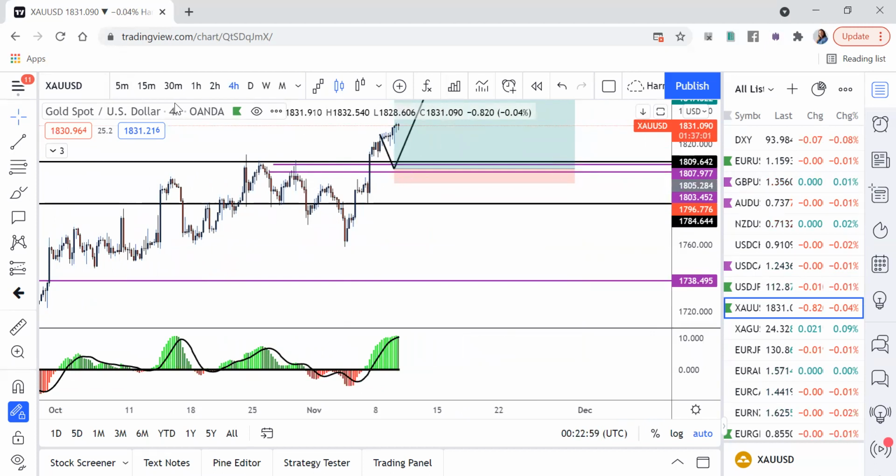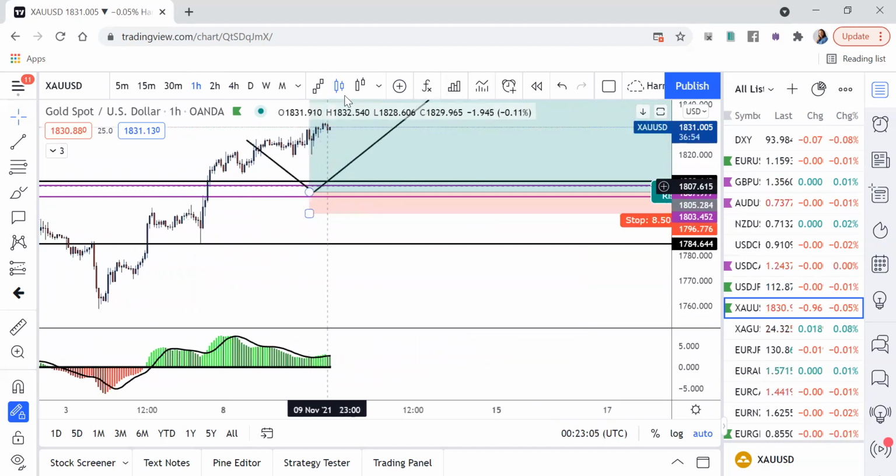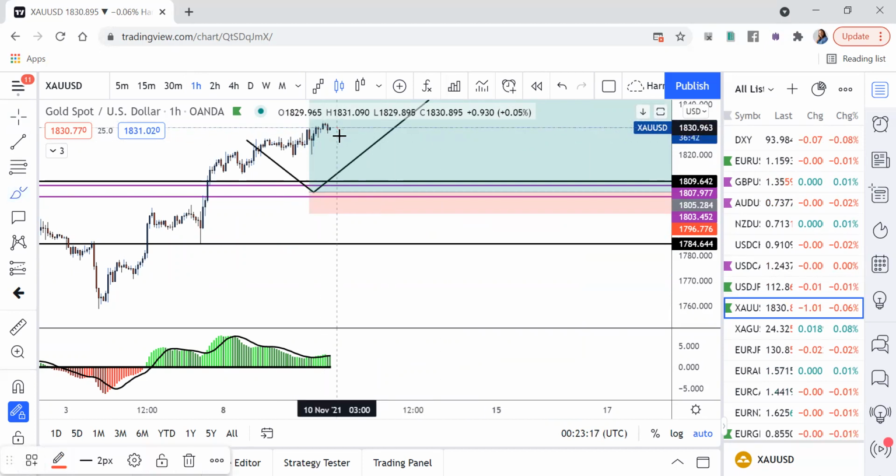So what am I looking for with this? This is what I need to see. I need price to come into my imbalance zone. That's the first thing. Once it gets there, I also need the signal line to cross over into my red histogram.